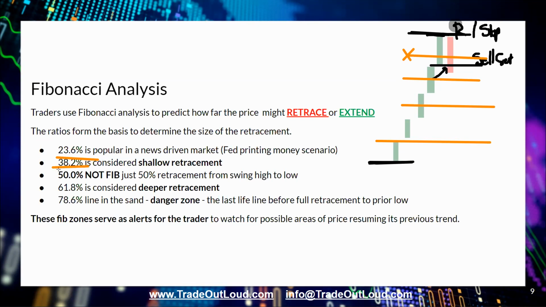Now, there's another retracement, 38.2. And by the way, if you were trading 10, 15 years ago, 23.6% was literally not there. This is something that was added on, because you would consider a shallow retracement at 38.2, which is the second one.